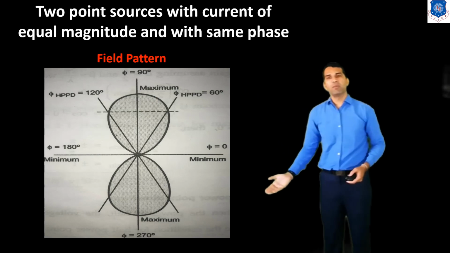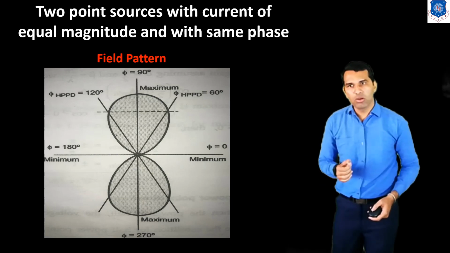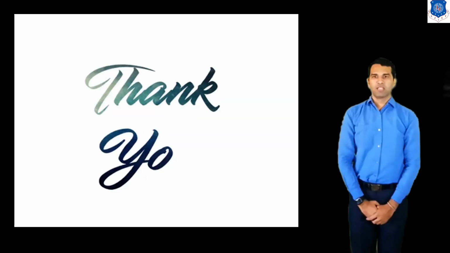So this is the field pattern for the 2 point sources with currents of equal magnitude and the same phase. In this lecture, we analyzed 2 point sources with currents of equal magnitude and the same phase. Thank you.